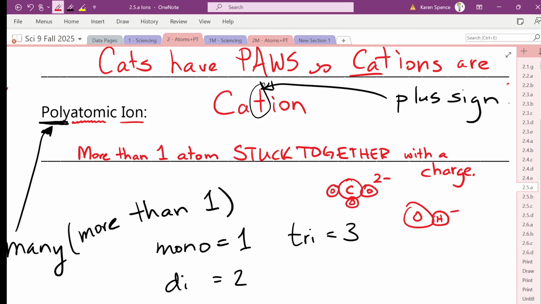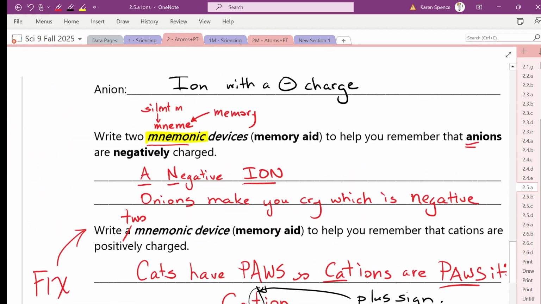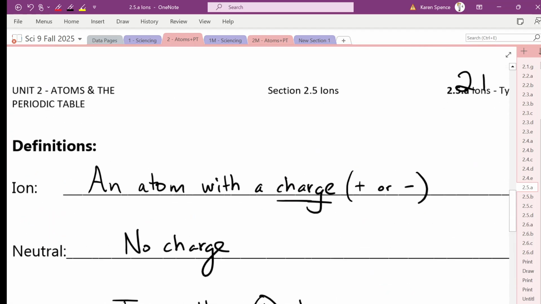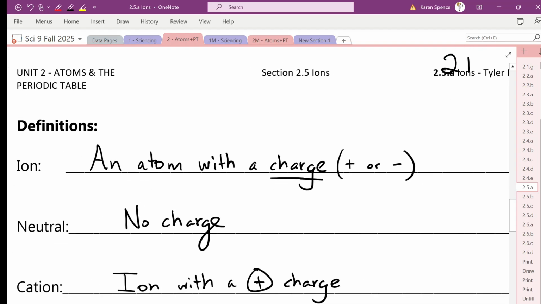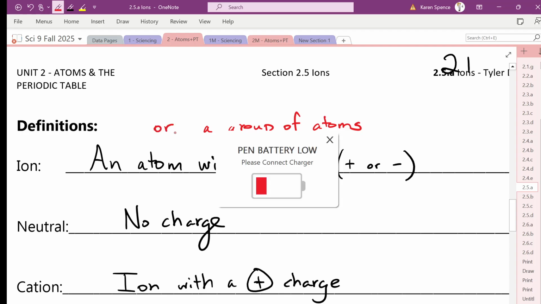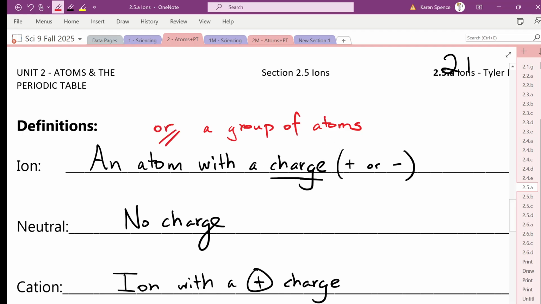Yeah, so it is an ion. So actually, when we went back up here, when we said an ion is an atom with a charge, it is also, or I should say or, not also, a group of atoms with a charge.